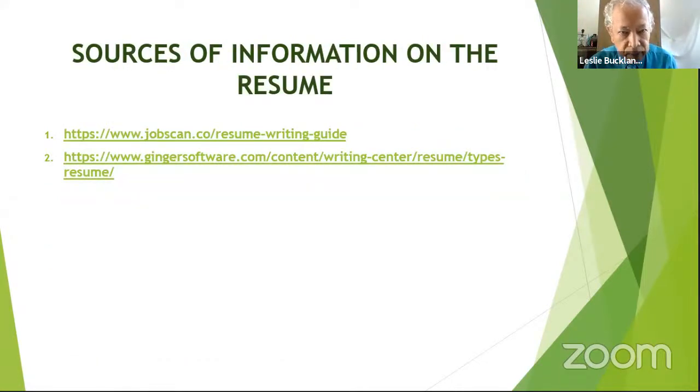Now, for further information on the resume, you can click on these different websites that I have here: Resume Writing Guide, Content Writing Center, or Resume Types, and they will give you some more information. These were the sources of the information for this PowerPoint.